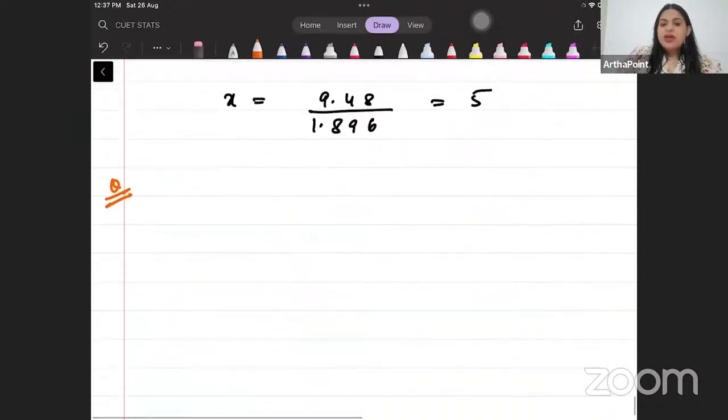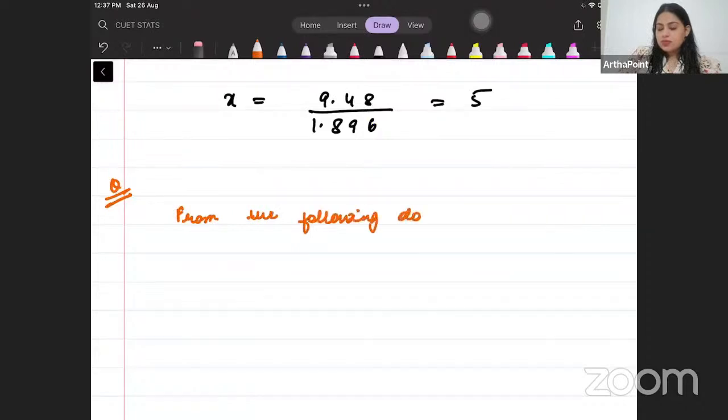So please write down. It says, from the following data set, you should go ahead and you should calculate arithmetic mean.